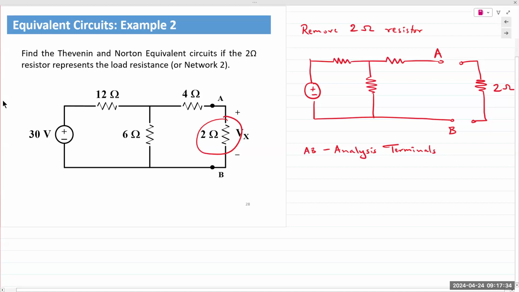Then look at it for 15 to 20 seconds. And let me know what you think about finding Req. Students who are online, I hope you're doing the same work.